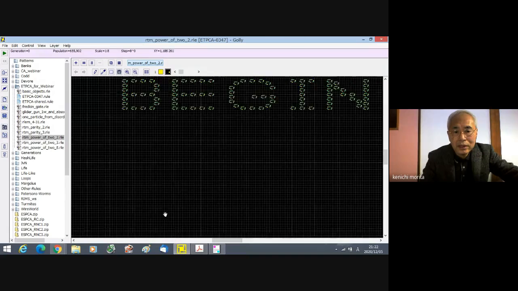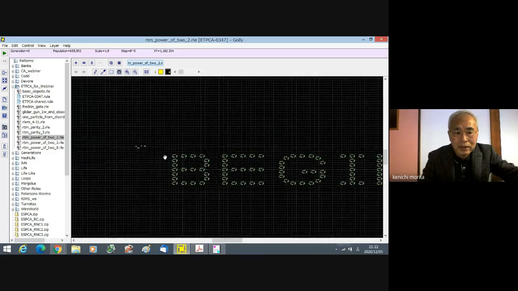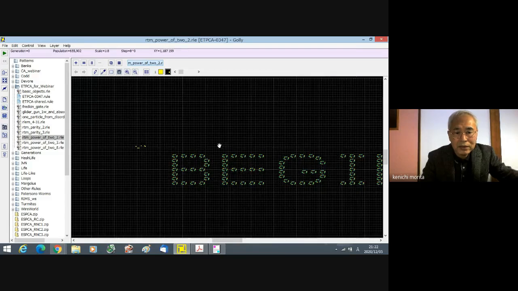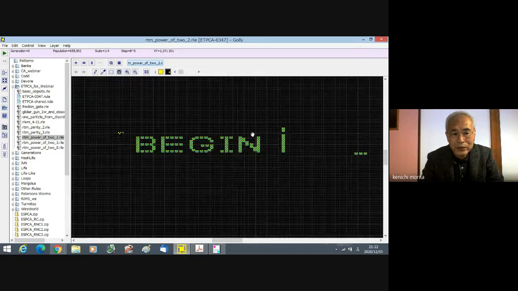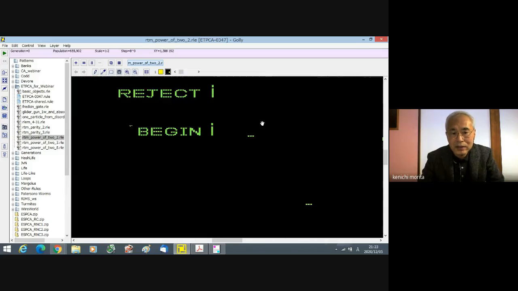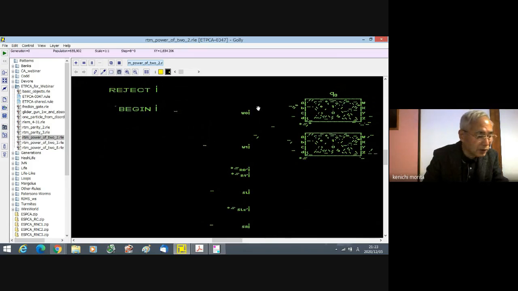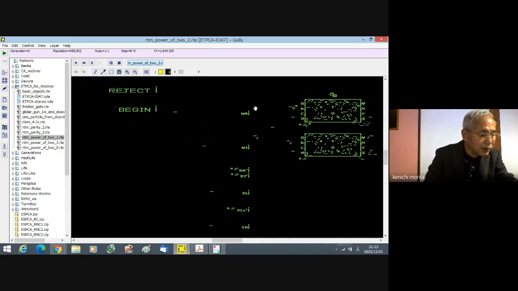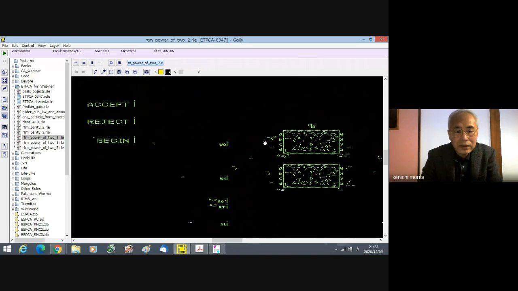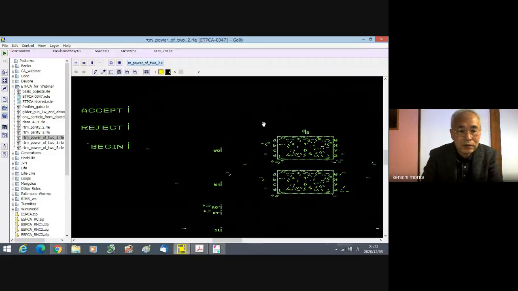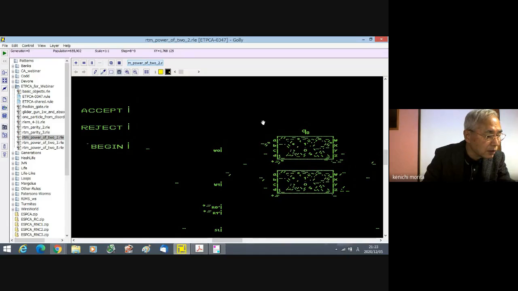By giving a glider signal from the begin port, computation will start. But it takes very much time.